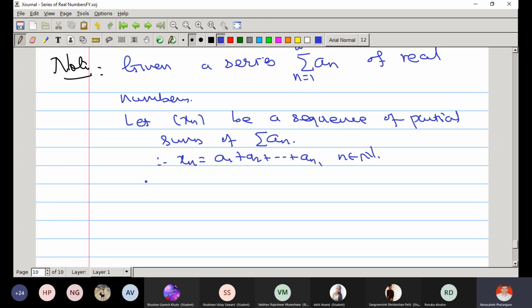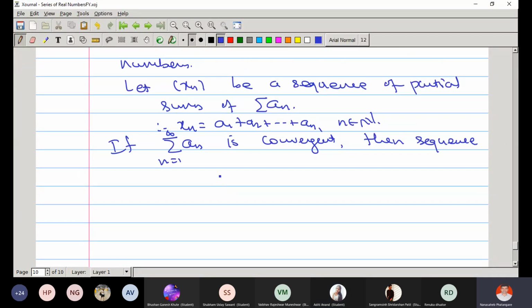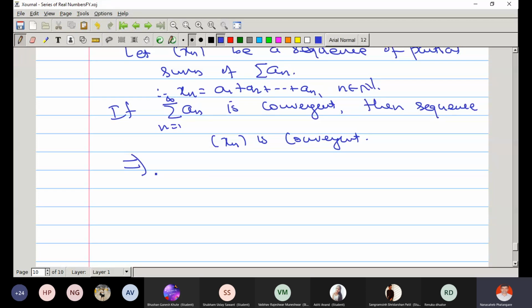Now, if the series a_n is convergent, then can I say that the sequence x_n is convergent? Yes. x_n is convergent, and therefore x_n is a Cauchy sequence, because every convergent sequence is Cauchy.